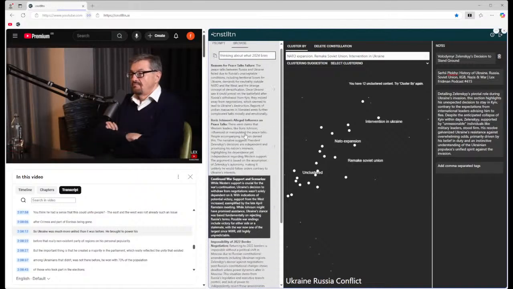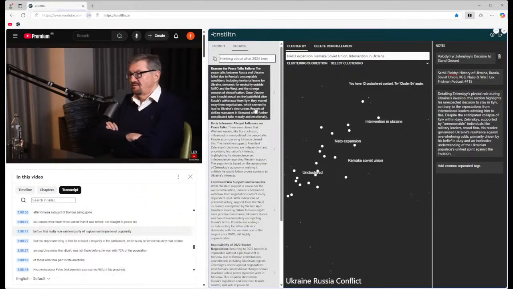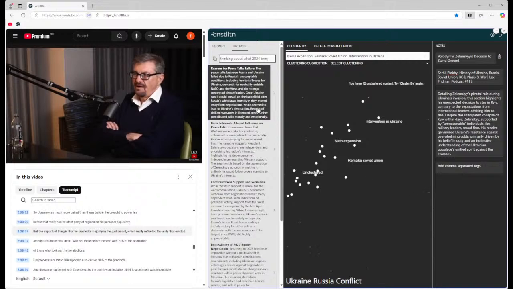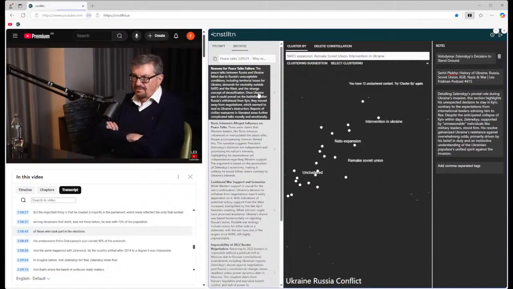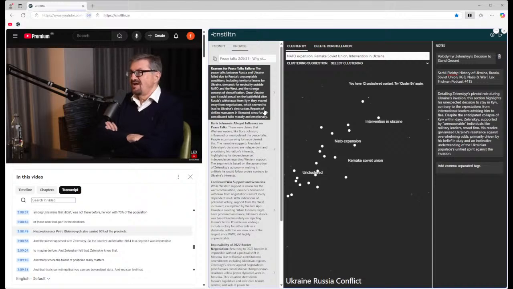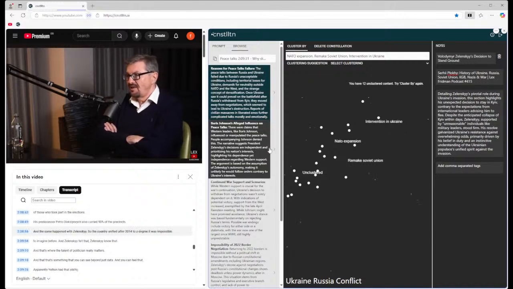He brought to power his, before that, really non-existent party on his personal popularity, but the important thing is that he created a majority in the parliament which really reflected the unity that existed among Ukrainians that was not there before. He won with 73% of those who took part in the elections. His predecessor, Petro Poroshenko, also carried 90% of the precincts, and the same happened with Zelensky.